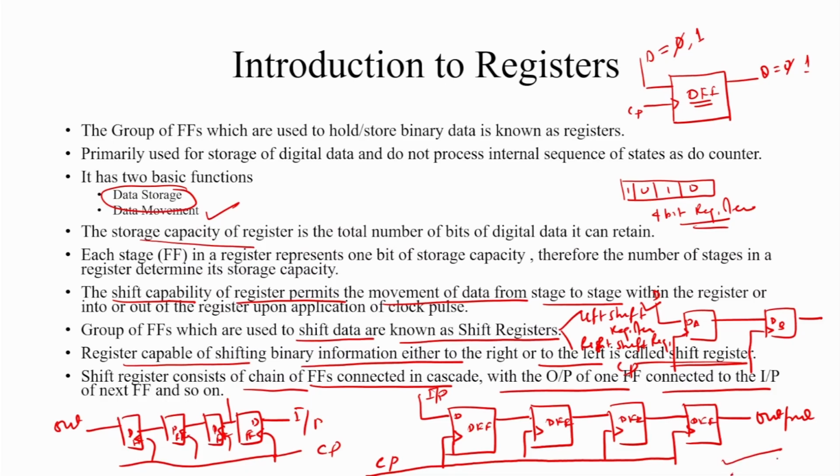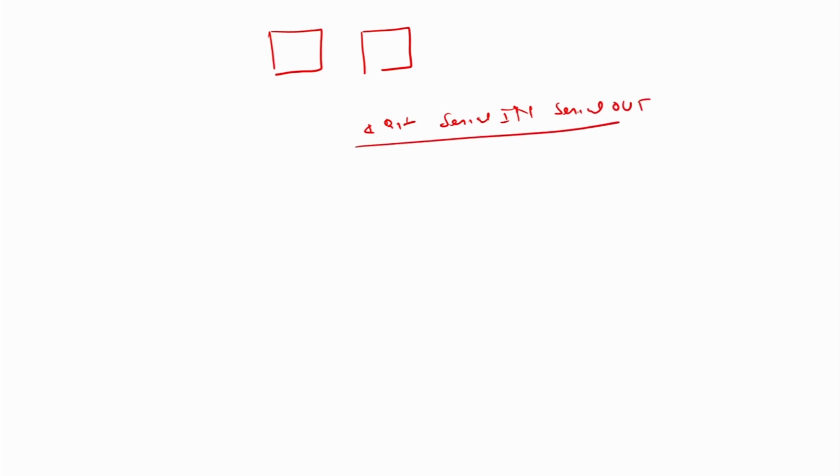Another is, suppose we design a 4-bit serial in serial out register. This is nothing but all 4 flip flops connected in cascaded form, and whatever input is provided serially is the input D. The output is the Q of this.